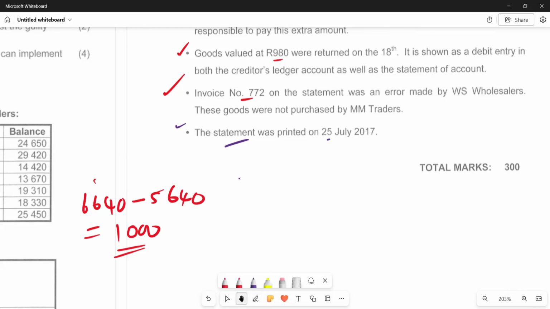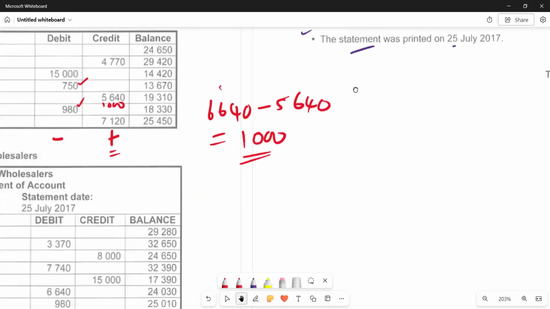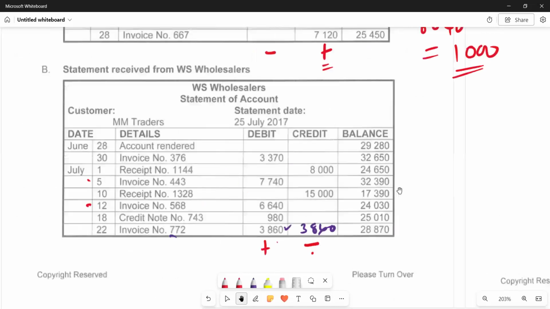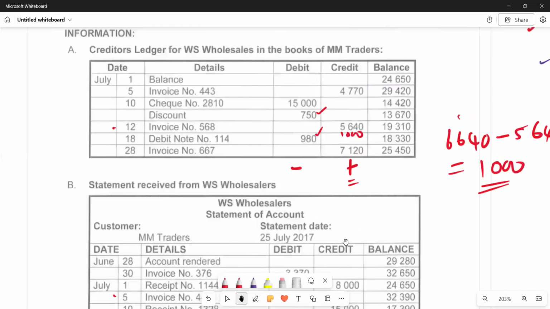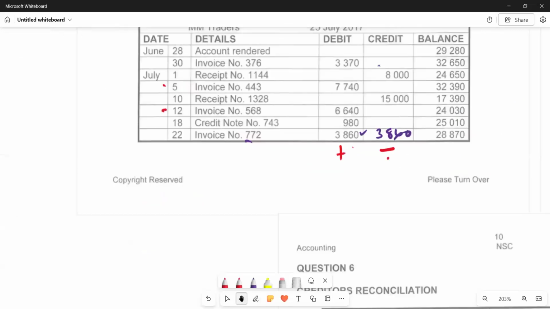So if you go to our ledger, we try to see all the transactions which took place after 25, but we are seeing that we have got only one, which is on the 28. It was number 67, 7,120. So we are supposed to put this invoice on the statement because it's not there, but it's supposed to be there. So we take 7,120 and it's supposed to come to the debit side.